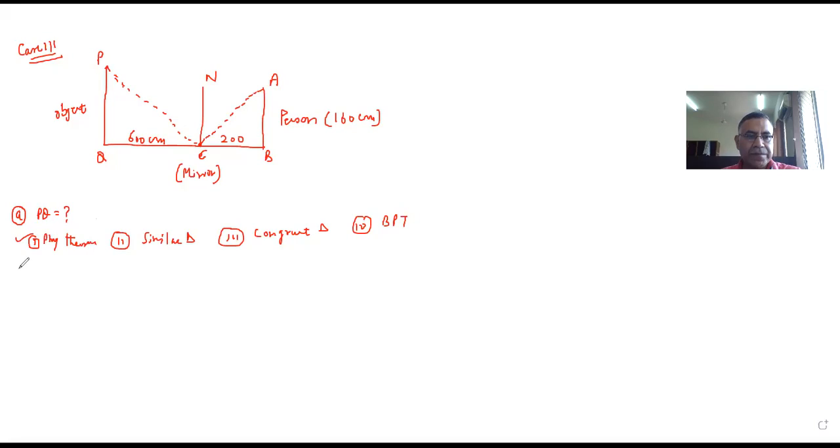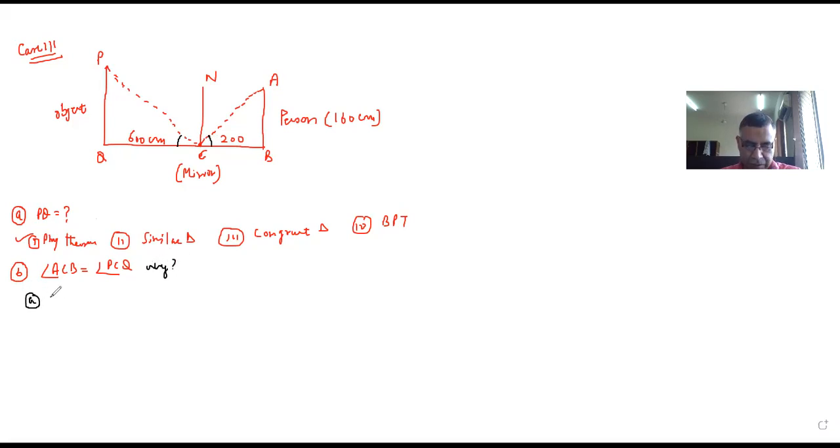The second is angle ACB equal to angle PCQ. ACB, this angle, is equal to PCQ, this angle. These two angles are equal. Now, why these two angles are equal, you have to give the reason.